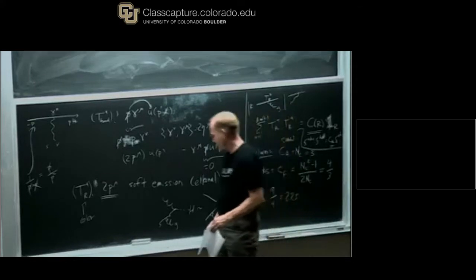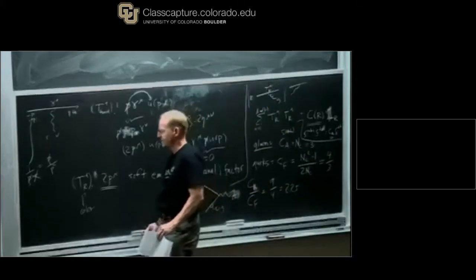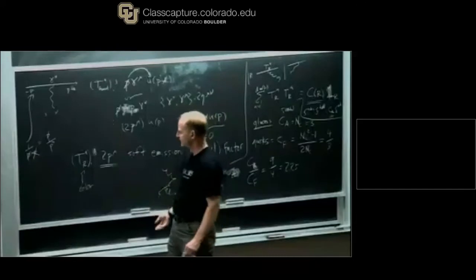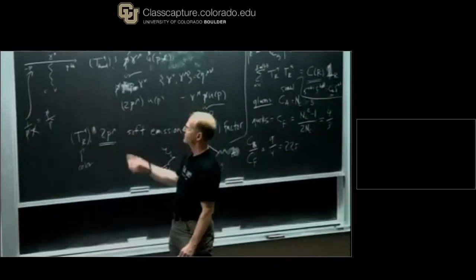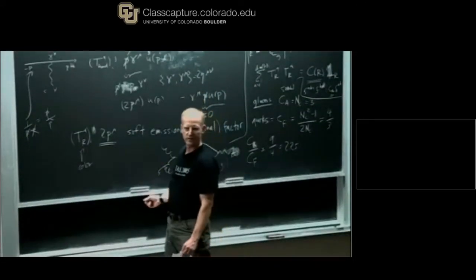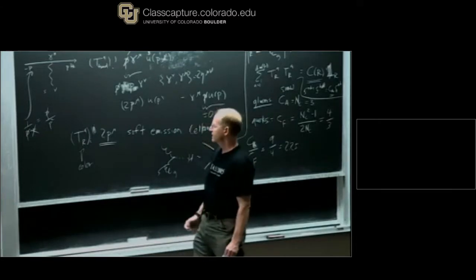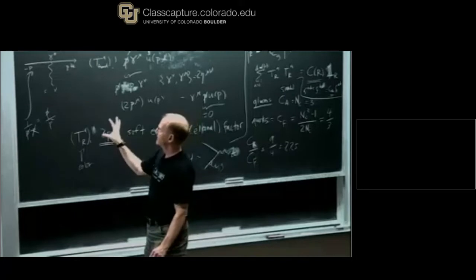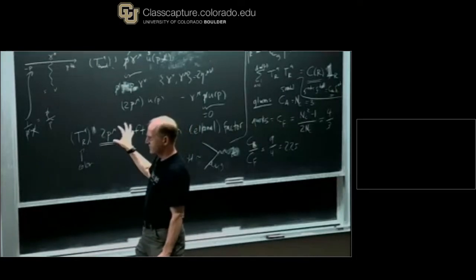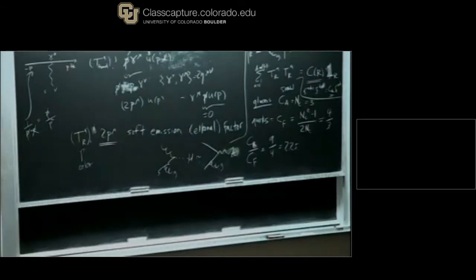Okay, so we have this formula for soft radiation where we didn't really specify whether this was real or virtual. It applies in both cases. And if you think about the kinematics, from this you can derive the real emission behavior that goes like 1 over 1 minus z.